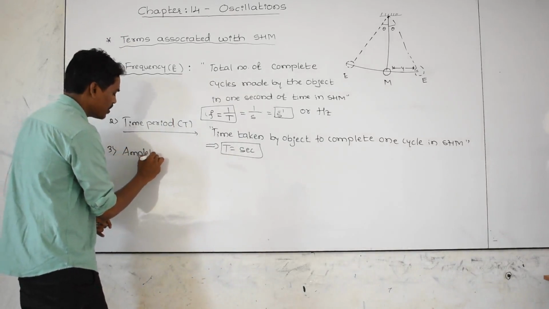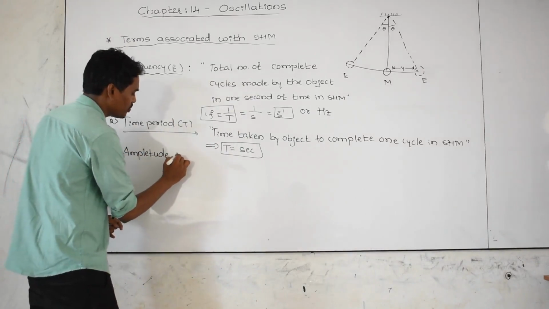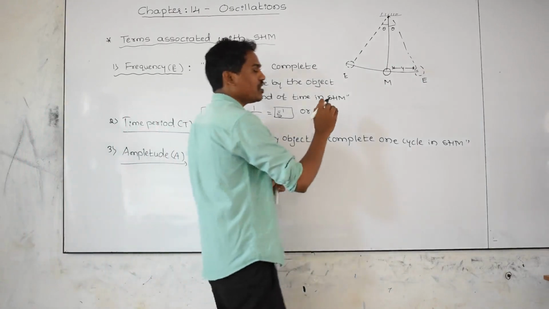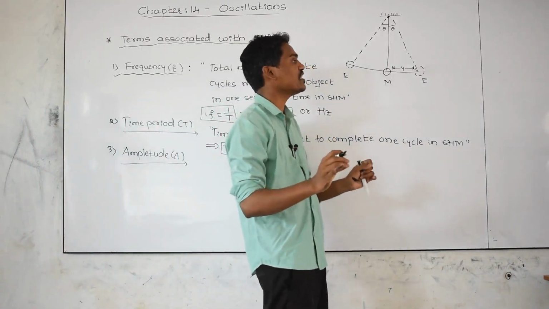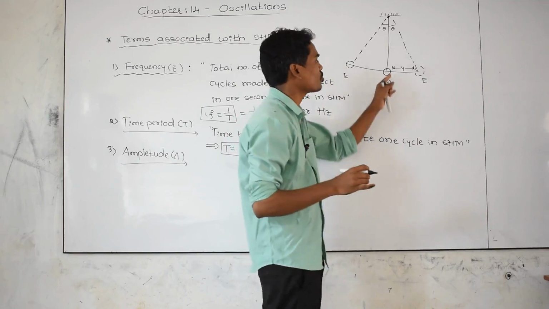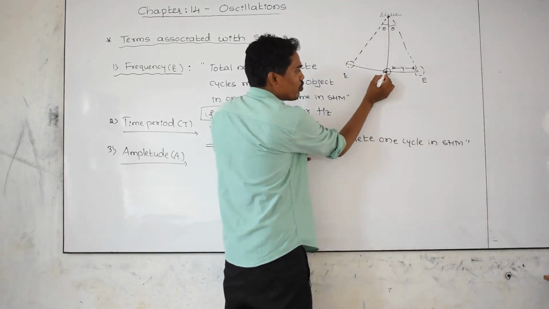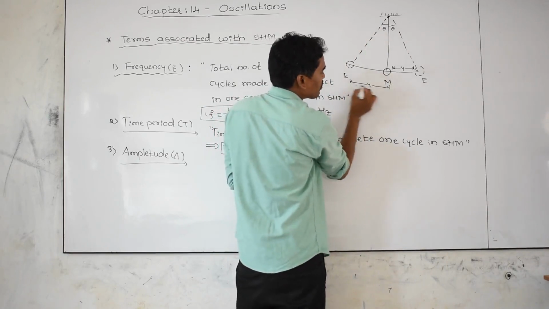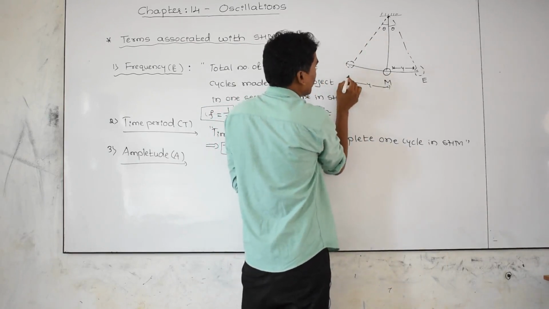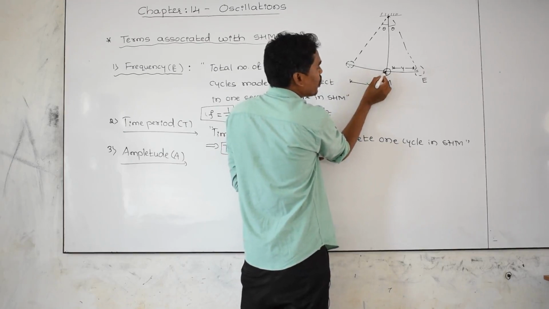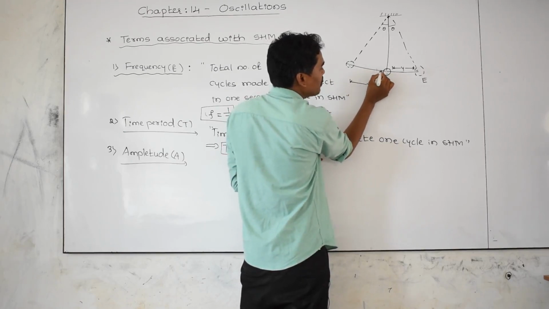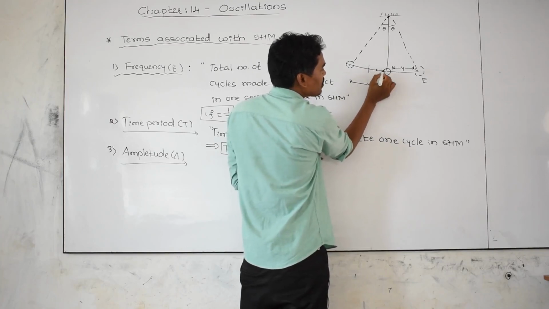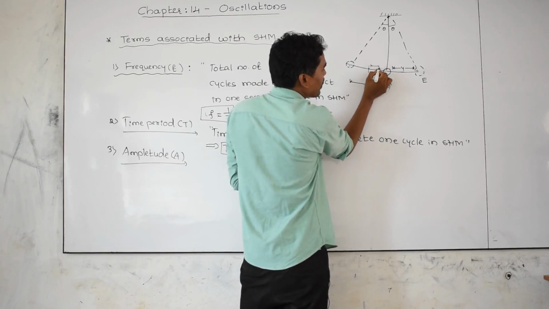Amplitude, already you used this term in the relation between UCM and SHM. What is amplitude? Let us imagine, always we have to measure the displacement of the object in simple harmonic motion from the mean point. If the object is moving from here to here, this is the total displacement, that is y displacement. If the object is moving from this point to this point, then what is the displacement? For example, y1. If it is moving from here to here, this displacement I am taking as y2.